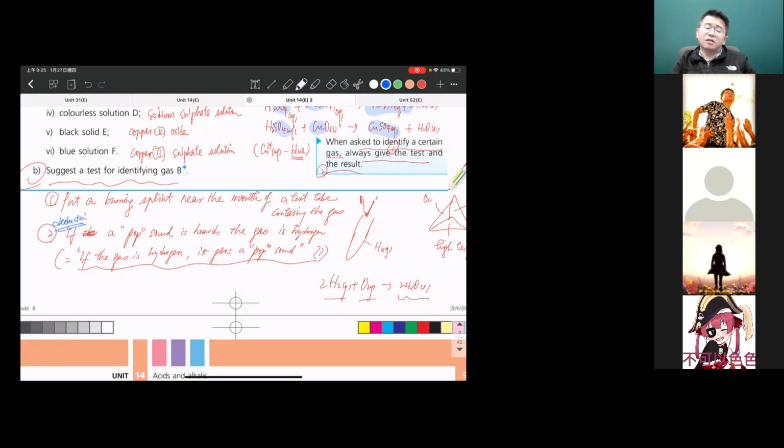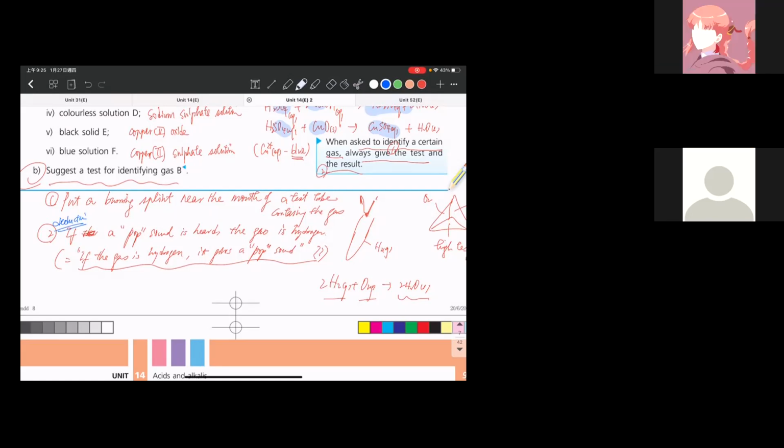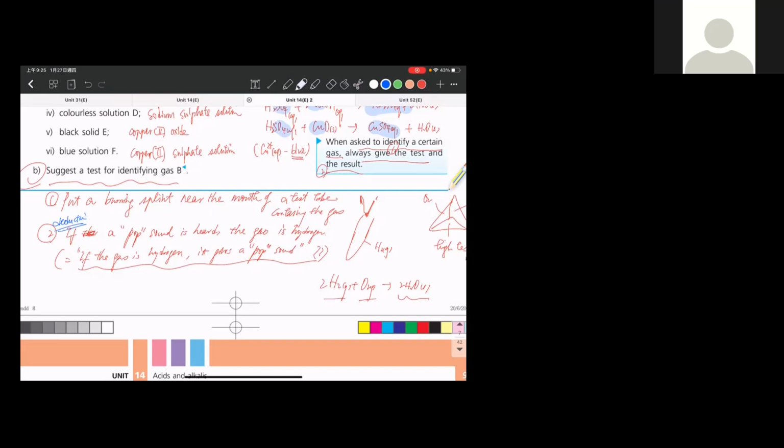But this type of deduction should be based on one fact. What is that fact? What do you think?